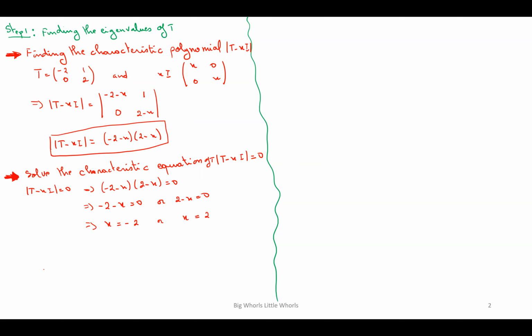So in conclusion, our eigenvalues are lambda 1 equals minus 2 and lambda 2 equals 2.